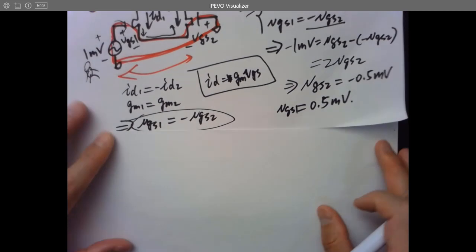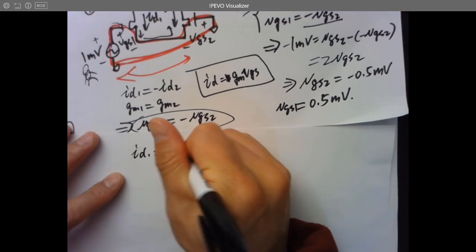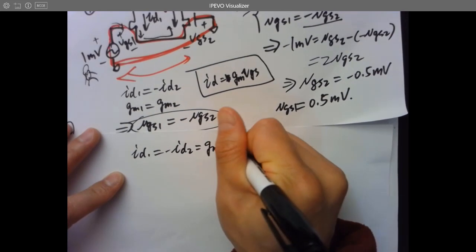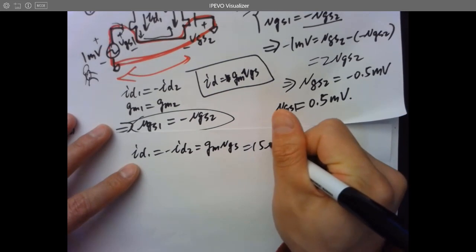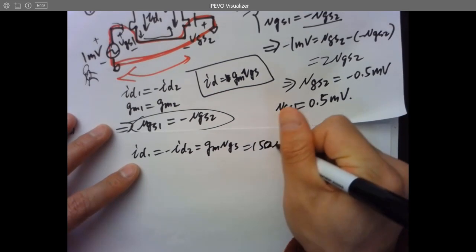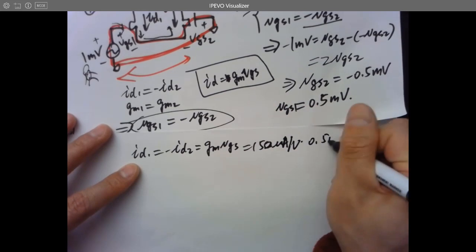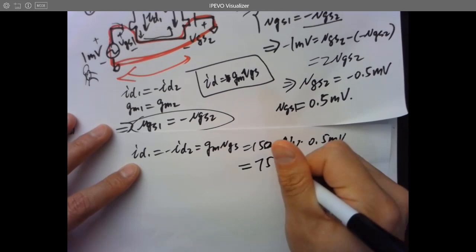Since we know VGS, ID1 equals to minus ID2 equals to GM times VGS equals 150 microamps per volt times 0.5 millivolts, which is 75 nanoamps.